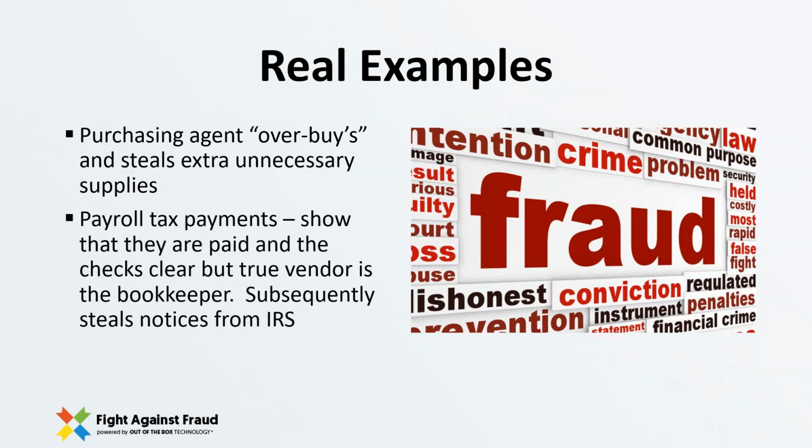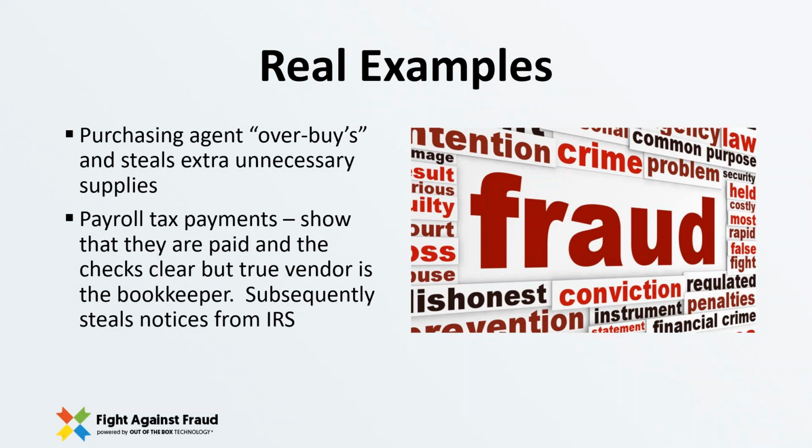This is one of my favorites. Payroll tax payments. They show that they're paid in the books, and the checks clear for the correct amounts, but the true vendor is the bookkeeper. So what ends up happening is the bookkeeper cuts the check to him or herself, and then changes it back over to the Internal Revenue Service.